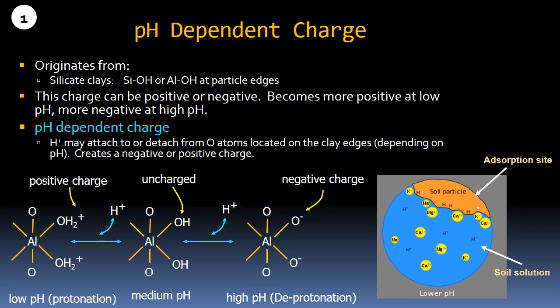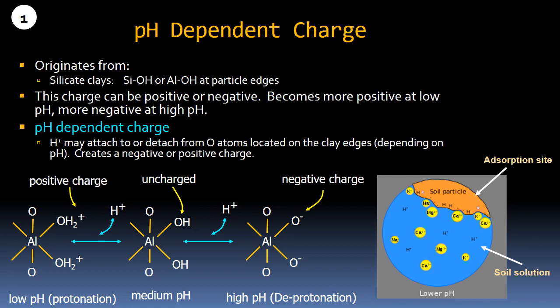It will dissociate into oxygen and hydrogen. The hydrogen will go to the soil solution and the oxygen will still be fixed there, and that will end up creating more negative charges, because now it goes from OH, which has a net negative charge of -1, to oxygen, which has a negative charge of -2. That would increase the negative charges.